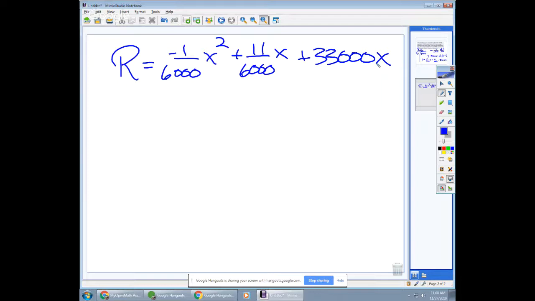Just a reminder, I took the price equation multiplied by x, the price of the ticket times the number of people that bought tickets. And now we want to see what happens to that function in terms of a critical value. So that means we need to find the derivative with respect to x.